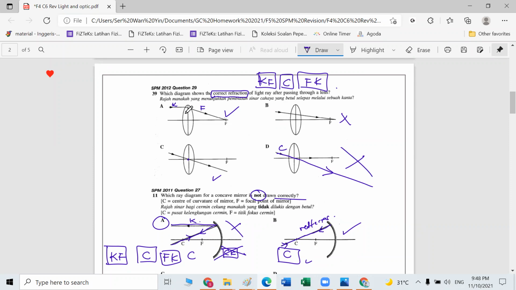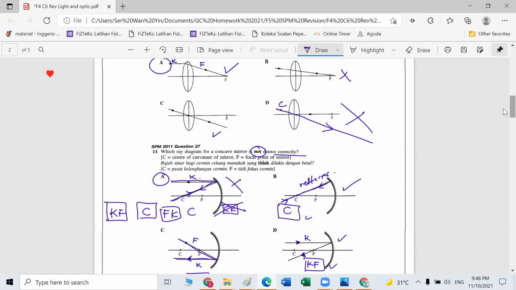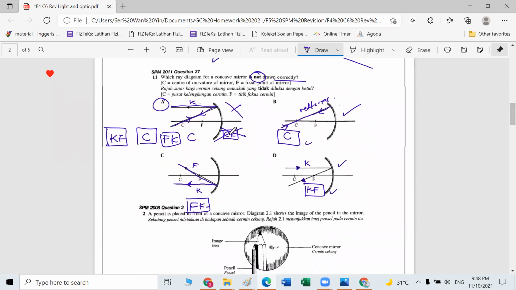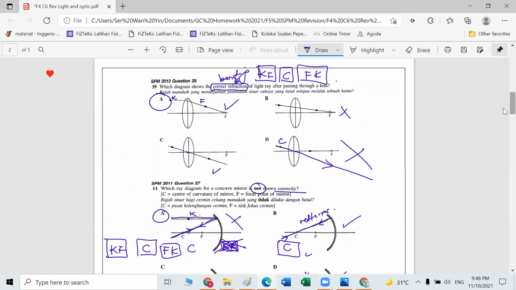Then which one? These two are correct. But since they say refraction means there is bending, and this does not bend, the answer is A. Okay. So KFC done. Remember, KFC you can eat. CK is wearing one, cannot.